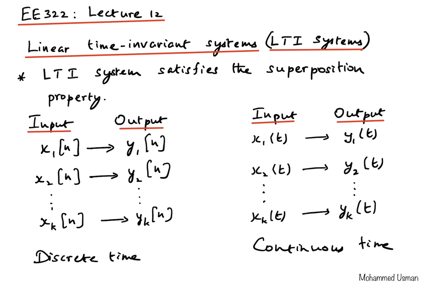So what we are saying is that if we create a new signal which is a linear combination of the input signals x1, x2, x3, and so on, the output of the combined signal will be a combined version of these individual outputs as well. So that is what we mean by the superposition property of systems.